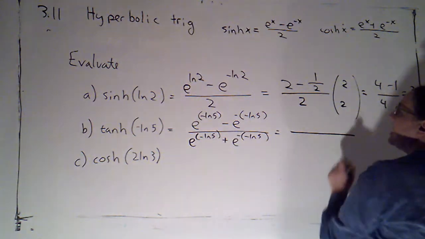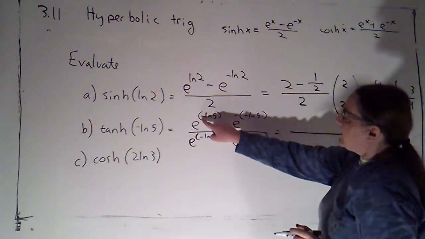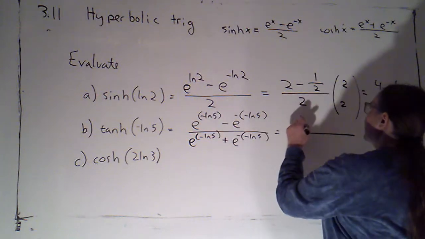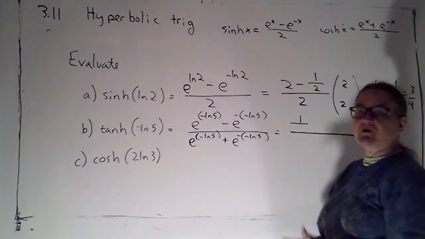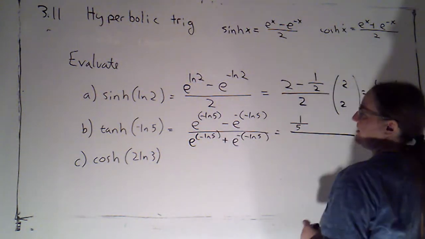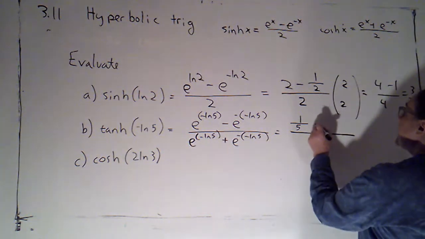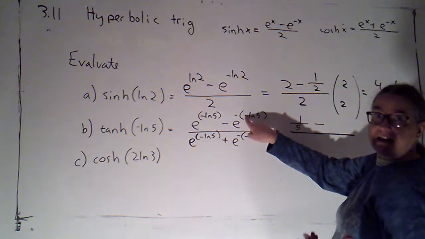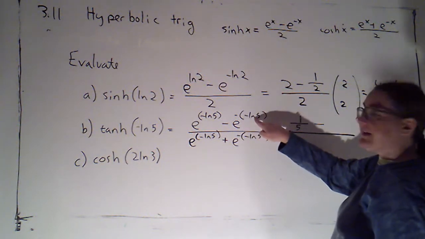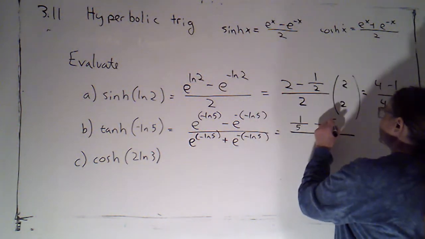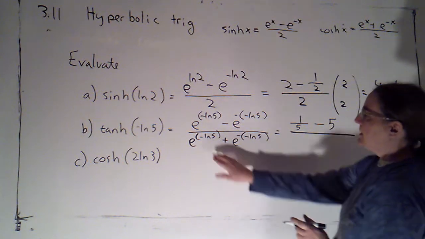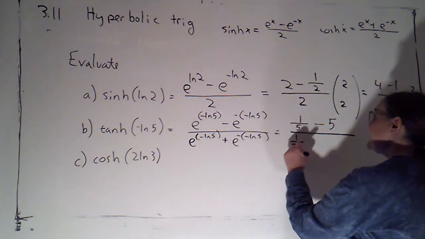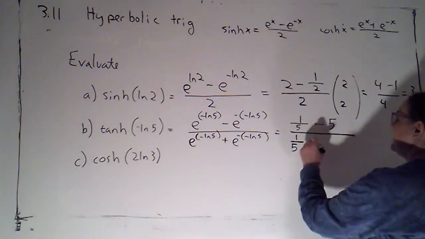Okay, so here, the negative in the exponent tells me to take the reciprocal. The reciprocal of e to the natural log of 5 is just 5. Minus, now here the two negatives in the exponent position are going to cancel. So this is just e to the natural log of 5, and that's just 5. Here, e to the negative natural log of 5 is the reciprocal of 5.